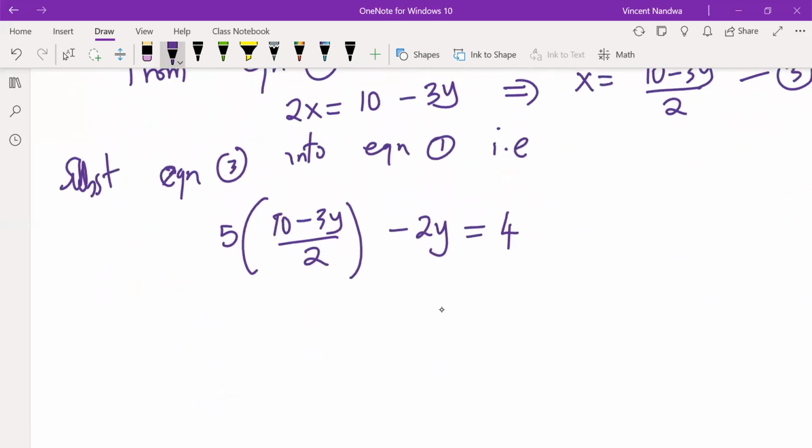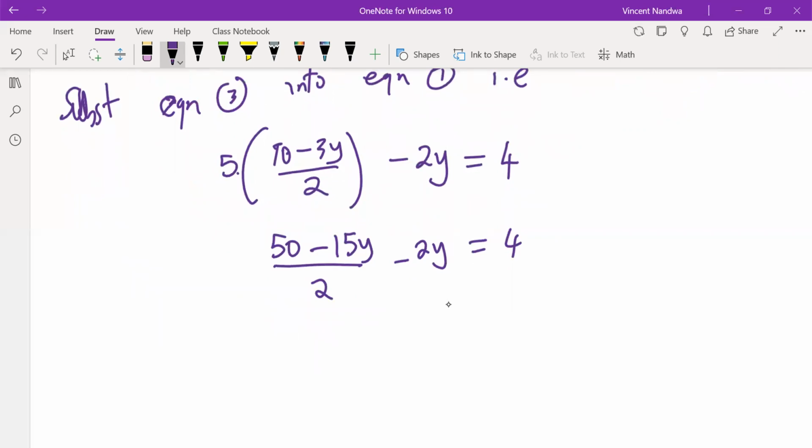This is the same as: 5 by 10 is 50, 5 by -3 is -15y, divided by 2, minus 2y equals 4.